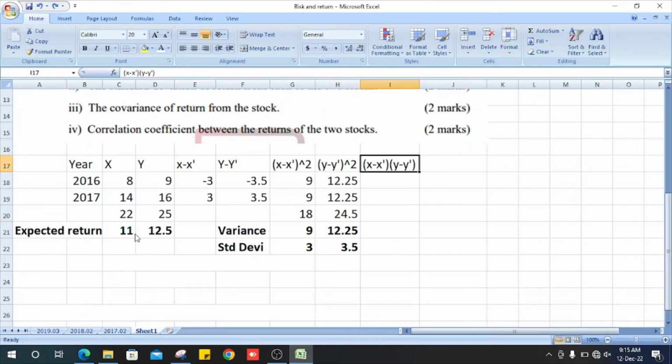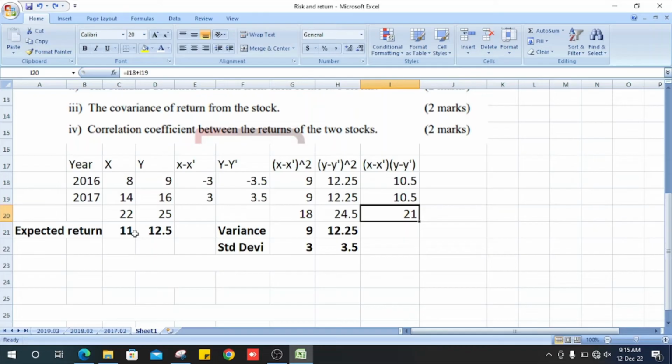Next we get the X minus X bar multiplied by Y minus Y bar column. How do we get the first one? X minus X bar is minus 3 and Y minus Y bar is minus 3.5, and minus 3 multiplied by minus 3.5 is 10.5. Likewise 3 multiplied by 3.5 is the same, 10.5.